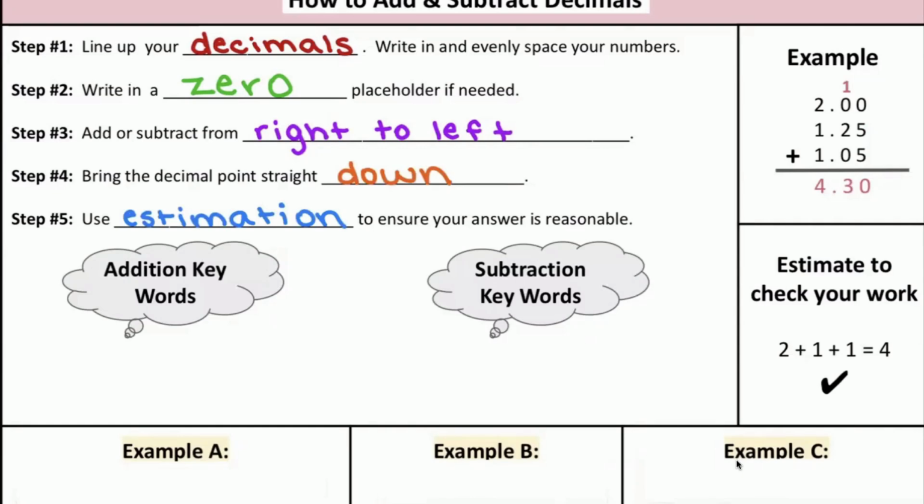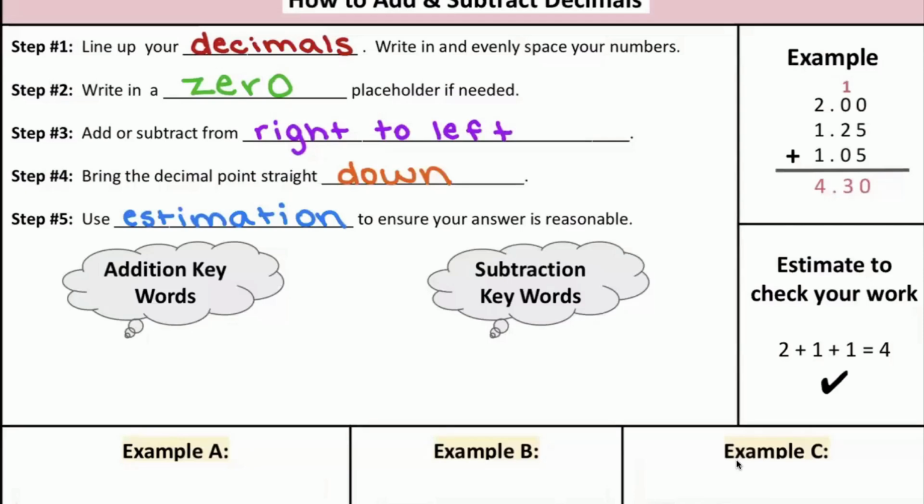So in this example right here, we had 2 plus 1.25 plus 1.05, and I rounded each number to the nearest whole number. So I got 2 plus 1 plus 1, which is 4. That's an easier problem. And because my sum, or my answer, was 4.30, that tells me I'm on the right track. If I estimated and I got 400 as my original answer, that would be a red flag and let me know I need to go back and check my work.